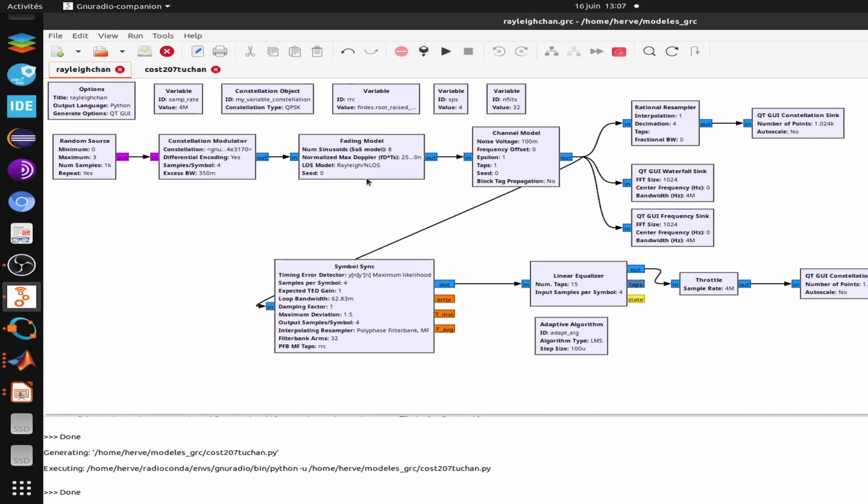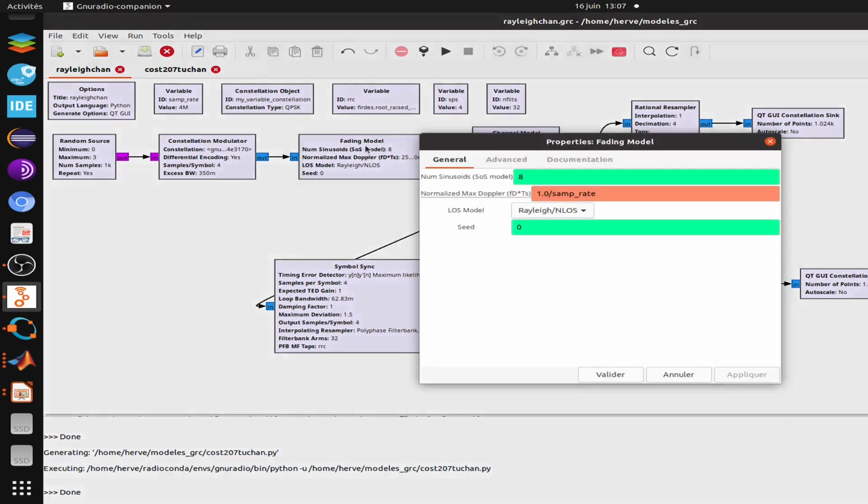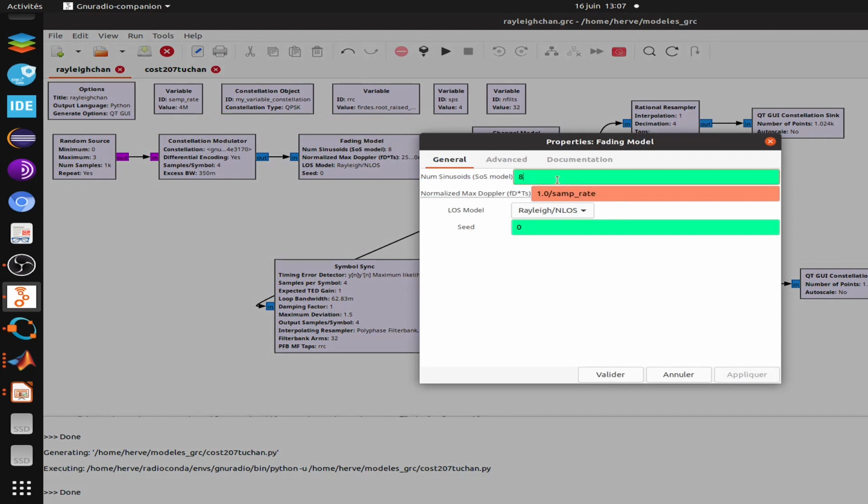My sample rate is 4 megahertz, and I use a fading model block that's available in the library, and also a channel model block, which is here to model the AWGN contribution. For this case I use a non-frequency selective channel. It's simply a Rayleigh channel here.